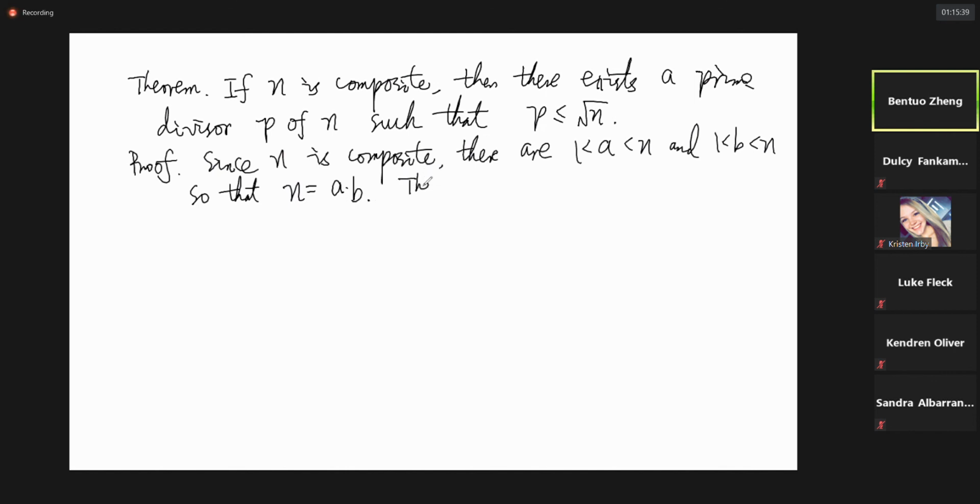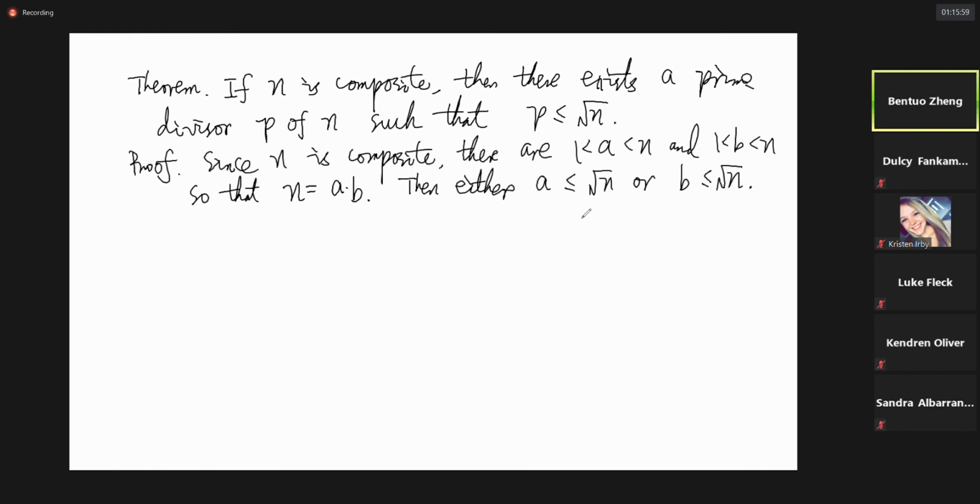Then either a is less than or equal to root n, or b is less than or equal to root n.